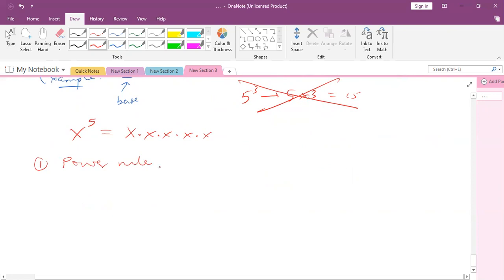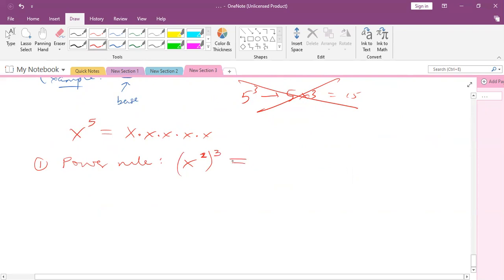So what does the power rule say? The power rule says that if you have x raised to the power 2, and this is again raised to another number, let's say 3.